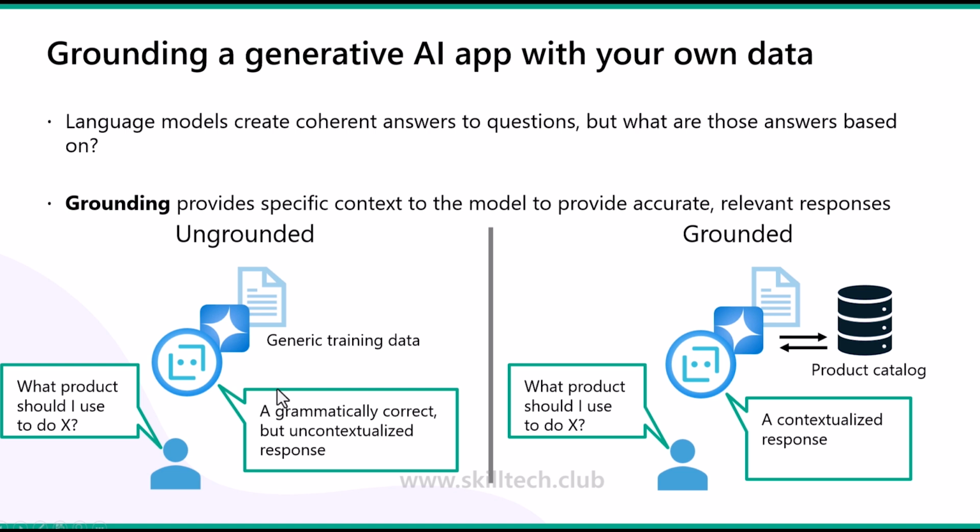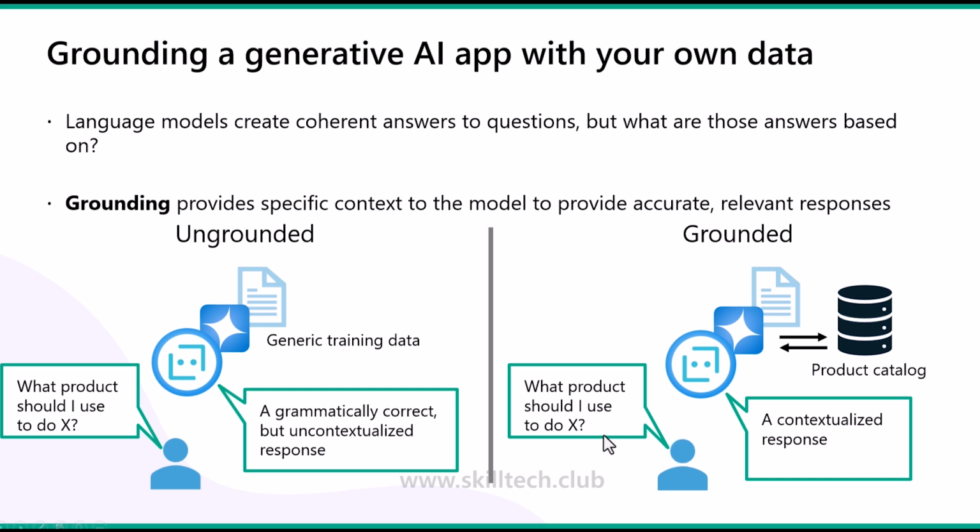While on the other hand, if I have a grounded scenario, a specific data source is going to be used to provide the context for the interaction. So basically in this case, your LLM is going to have some kind of product catalog which it can refer to, in which it can find the product and relate it with the person's intent when they ask particular questions.